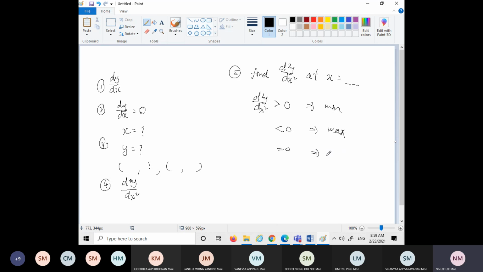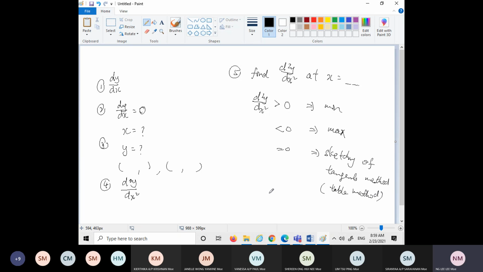The table method is called the sketching of tangent method. I put it in brackets, I say table method.